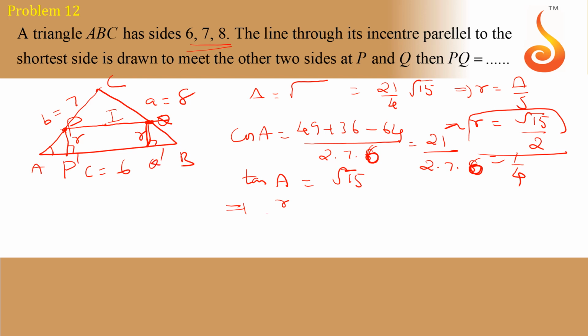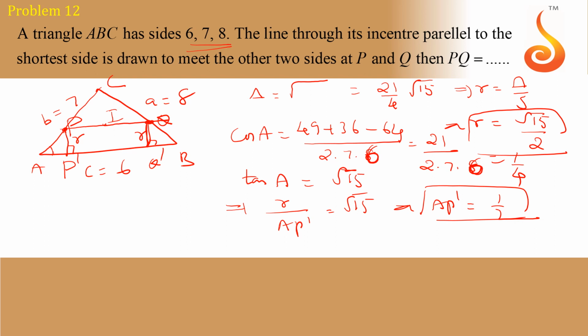So tan A, can I write R by AP dash, is root 15, and R value you got as root 15 by 2, so you will get AP dash value. How much? See, R value is root 15 by 2, no? So root 15 gets cancelled. That is 1 by 2, I think.